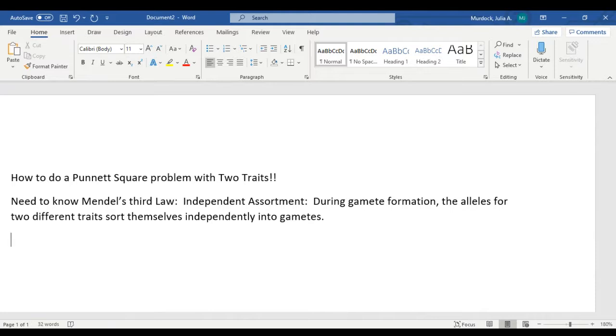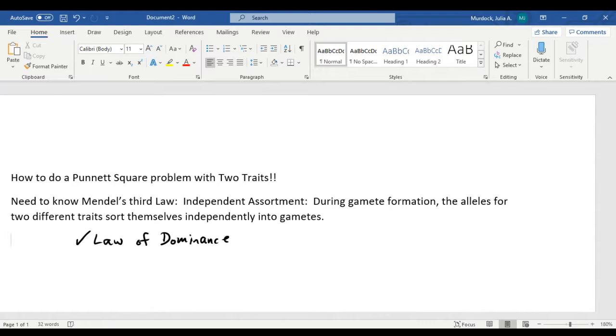Now, we already know the first two laws. We still have the law of dominance going on here.